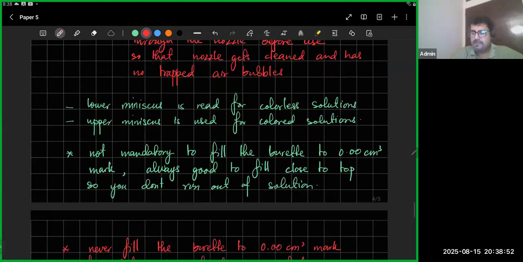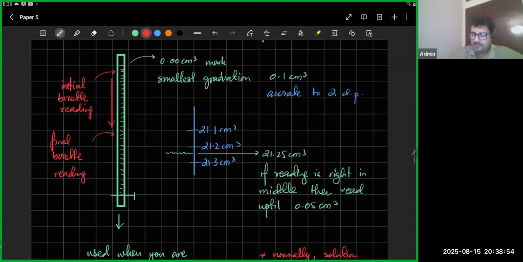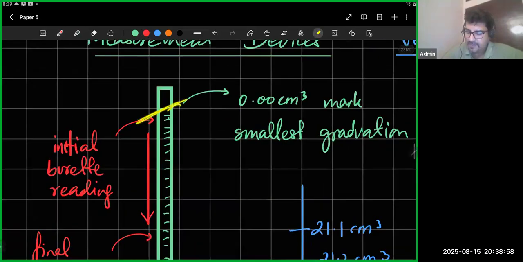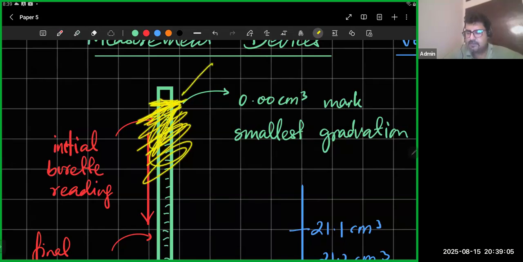If you fill it up till the 0 cm cube mark, right to the top, then you won't be able to see any graduation. All the graduations would go away. So then you won't even be sure that that is the 0 cm cube mark. You might have filled it up till this point.